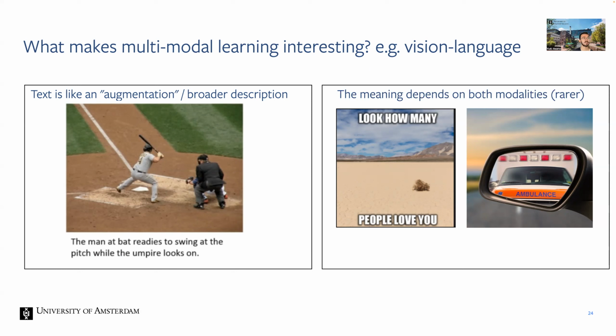In this case, you wouldn't understand the meaning by seeing only the image or only the text, but you need to see both. Likewise, there might be a case for seeing and not hearing. In this picture on the right, you might not know whether it's an emergency if you're not hearing the sound.